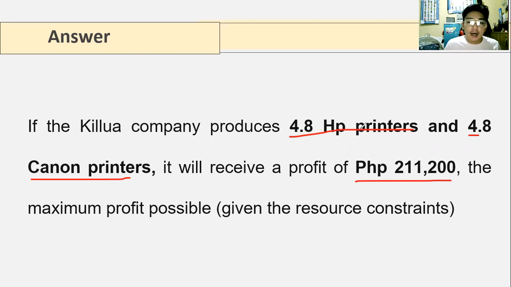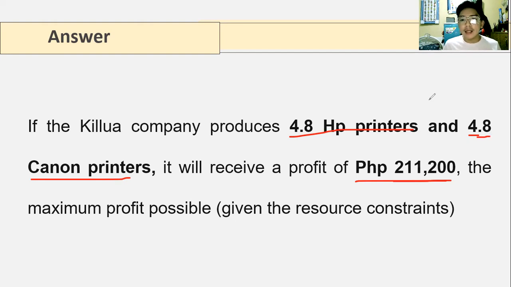So if the Kilua Company has 4.8 HP and 4.8 Canon, we will get this profit, 211,200 pesos, and it is the maximum profit that we could have. Okay, so that's the answer for the problem that we are solving.